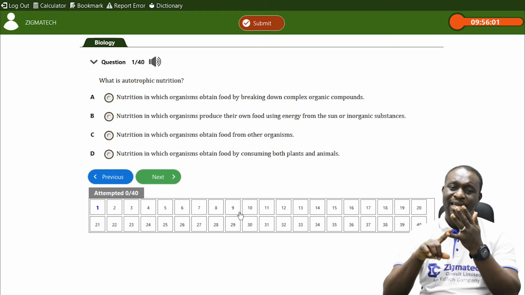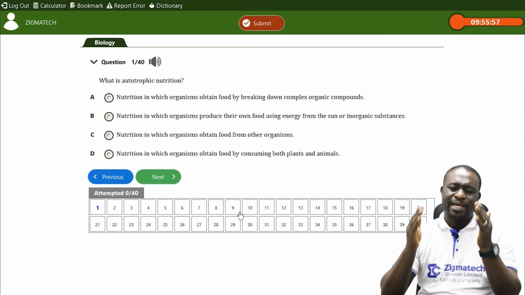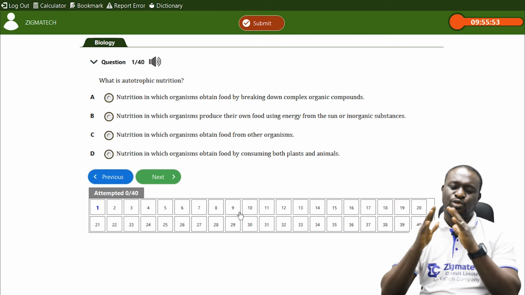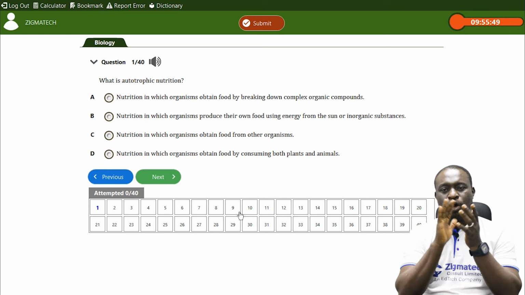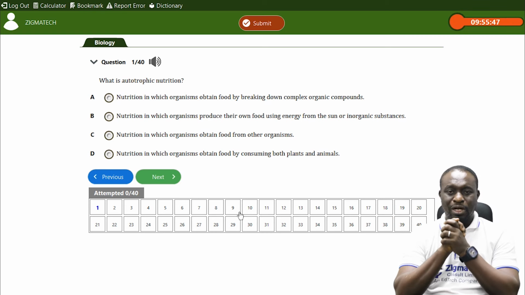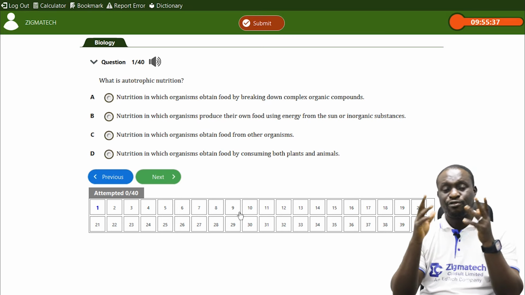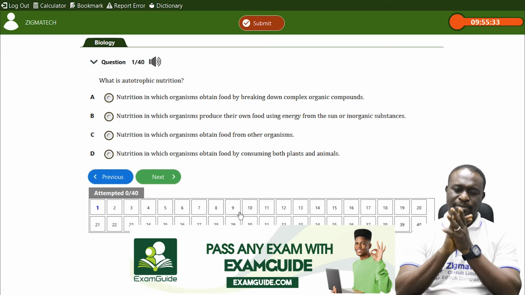So options A, C, and D are describing heterotrophic nutrition, while option B is describing autotrophic nutrition. One more time, autotrophic nutrition is a type of nutrition in which living organisms produce their own food using energy from the sun, or energy from inorganic substances.